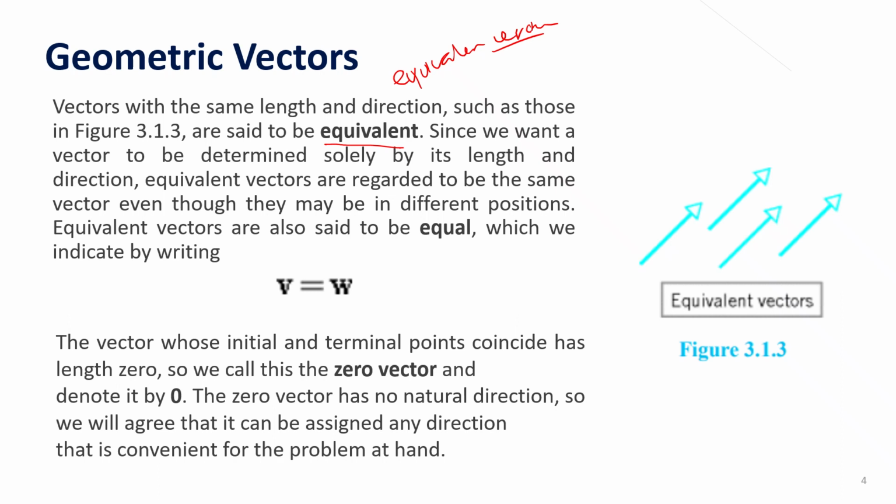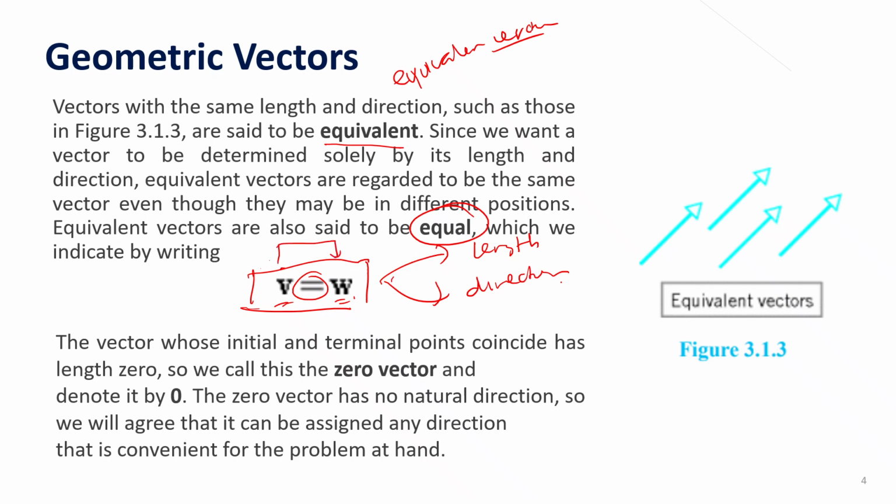For vectors to be equivalent to each other, we need to make sure that both the length of the vector as well as the direction of the vector are equal. Let's say we have vector v and vector w; they will be equal if and only if the length of both vectors as well as the directions of both vectors are the same.